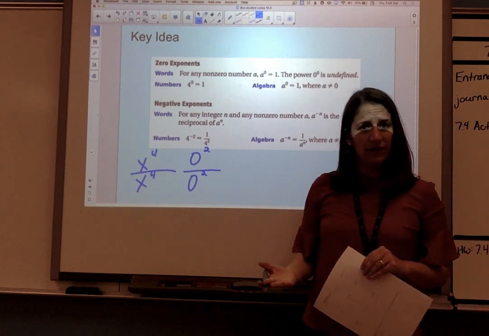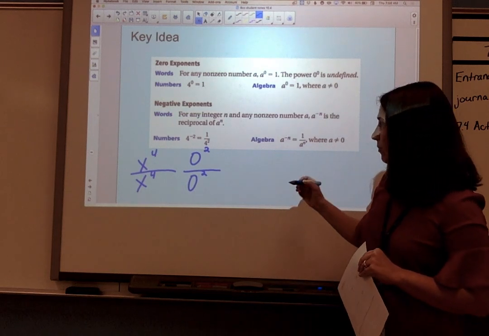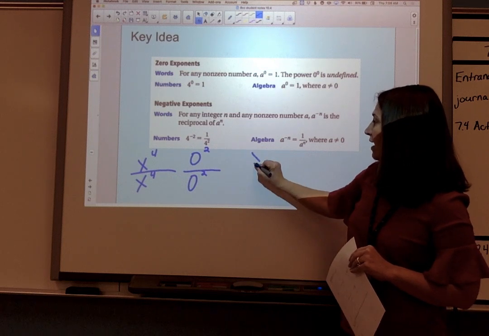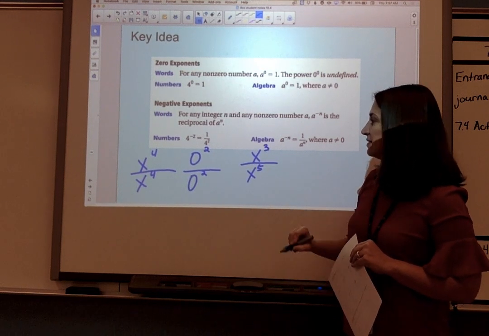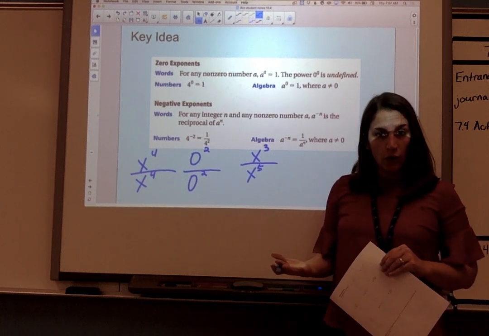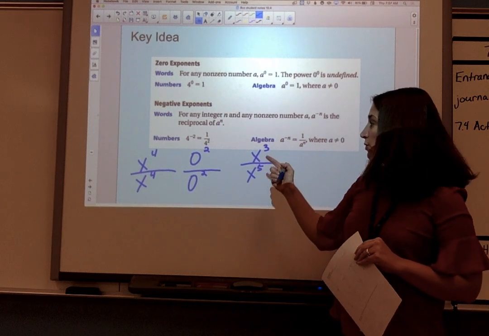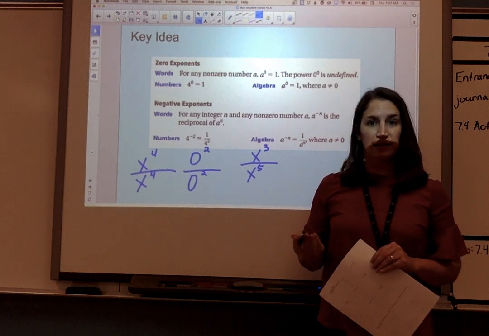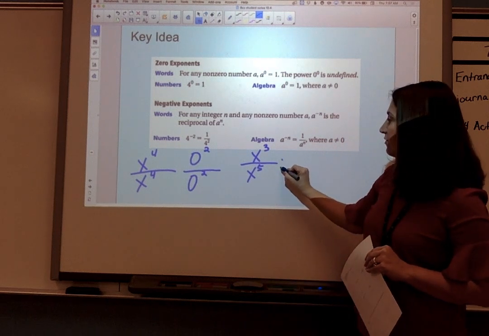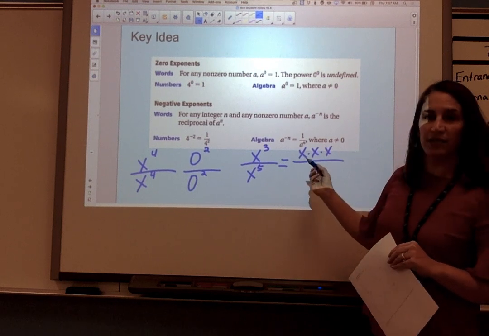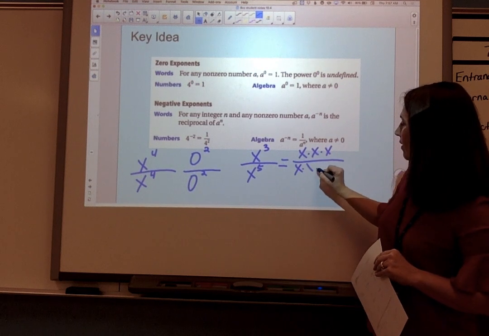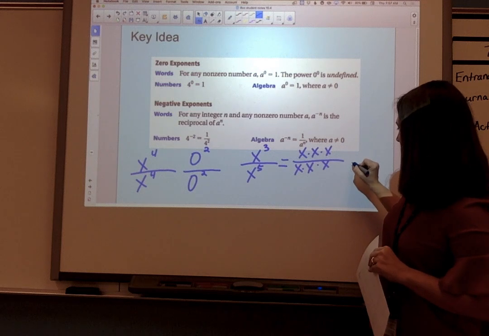Again, if we think of this in terms of the quotient of powers property, let's say we have x to the 3rd over x to the 5th. Based on the quotient of power property, that would be x to the 3 minus 5, or x to the negative 2nd power. And if we write this in expanded form, we have x times x times x over x times x times x times x times x.